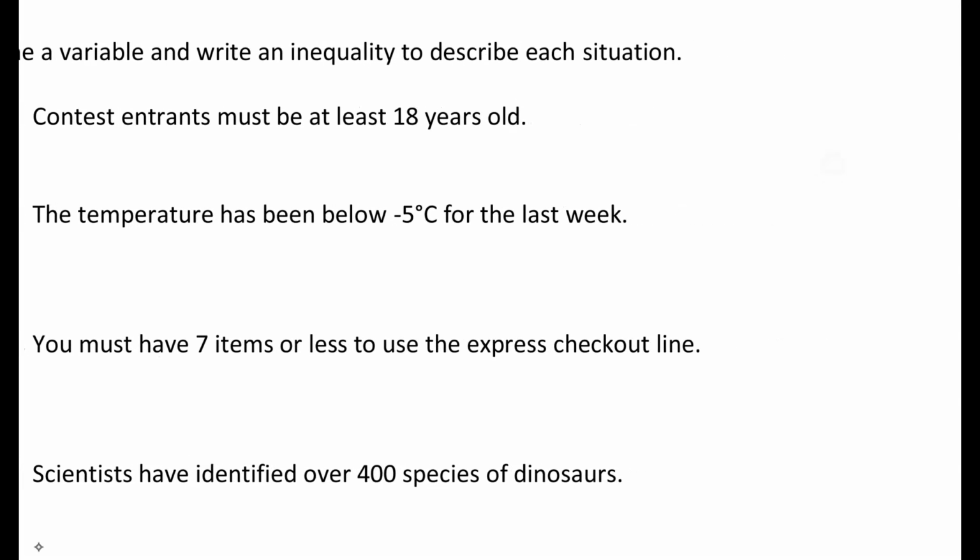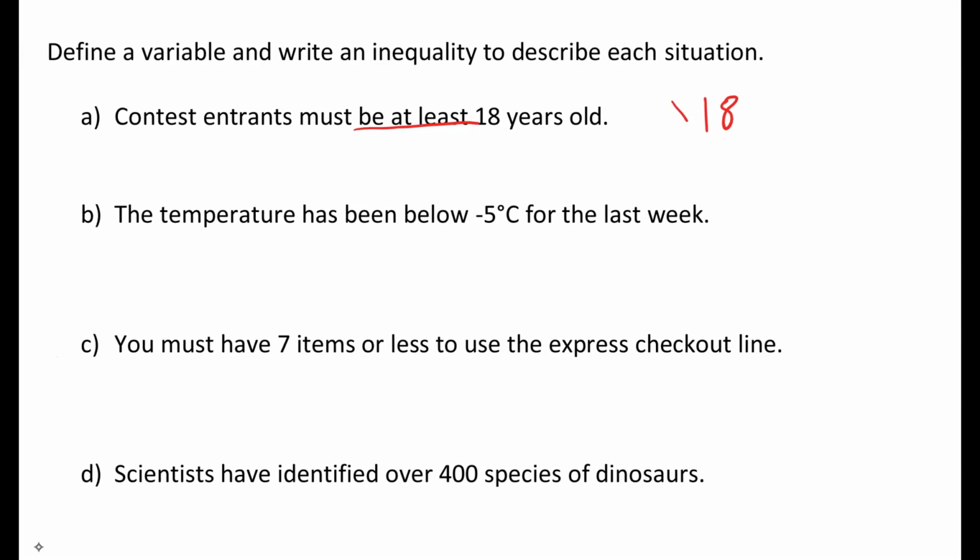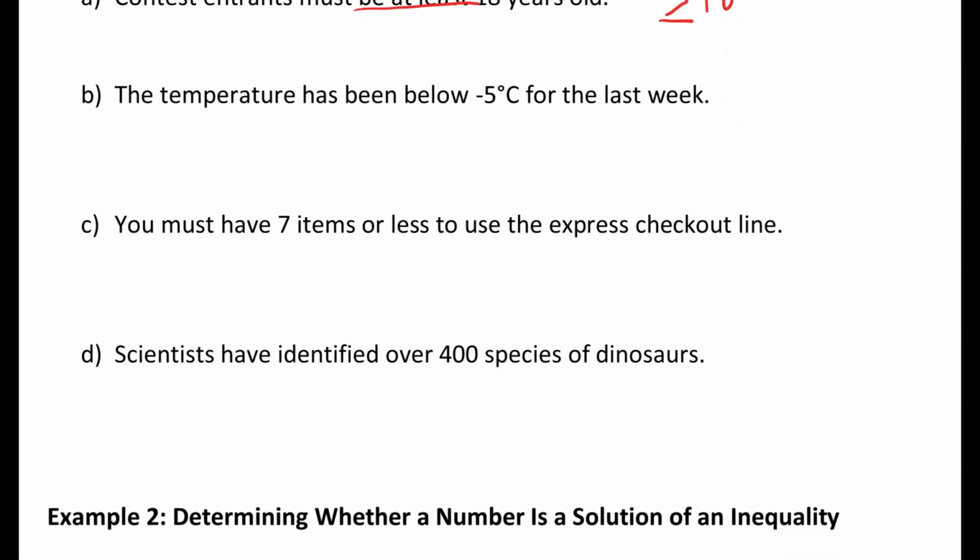So 18 is the number we're going to be working with, and they must be at least 18 years old. So you want to be over 18, but you can also be equal to 18. So it's opening up away from it with the underline.